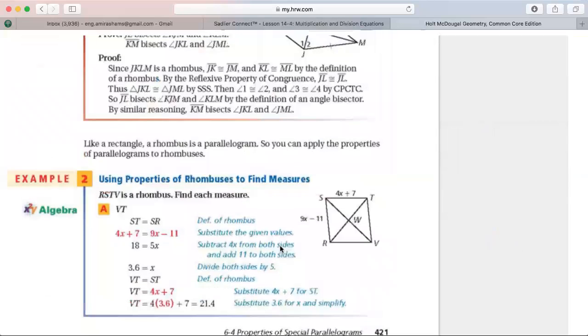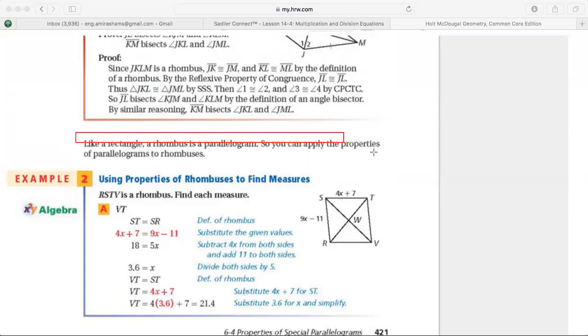Okay, let's solve this one. RSTV is a rhombus. Wait here, girls. I have an important part here. Like a rectangle, a rhombus is a parallelogram. So you can apply the properties of the parallelogram to rhombuses.